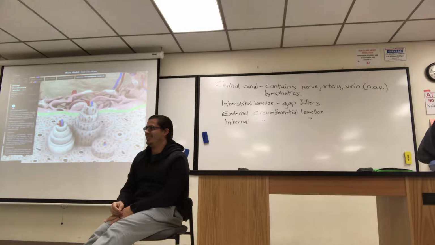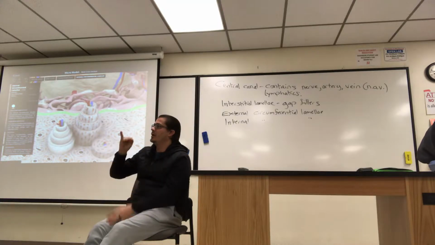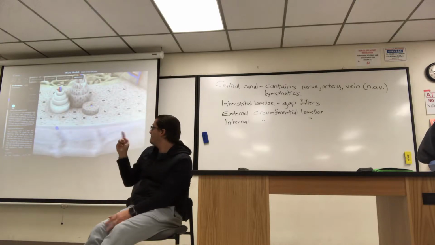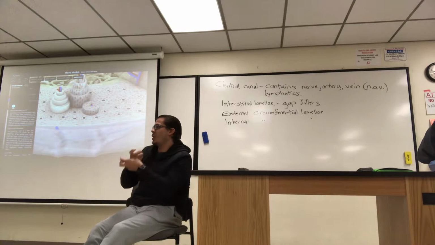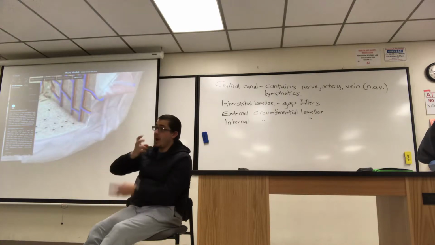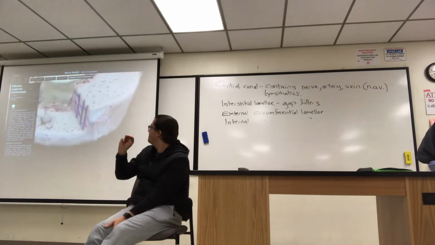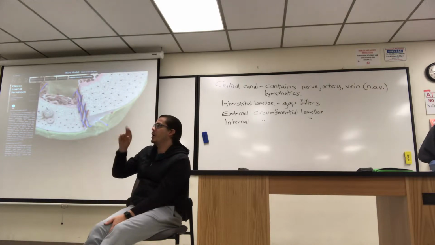So anyways, internal circumferential lamella, and we can see the endosteum right next to it covering the spongy bone. Well, the compact bone has an outer covering, and it's called the periosteum, and we highlight it here. It's highlighted in green. You can see there's an outer connective tissue layer.